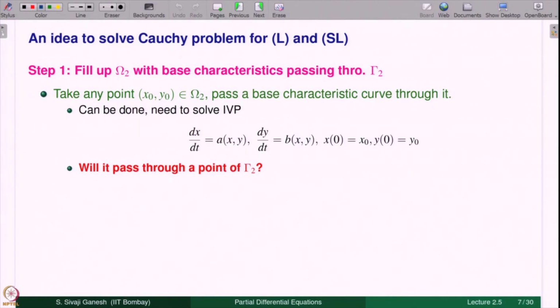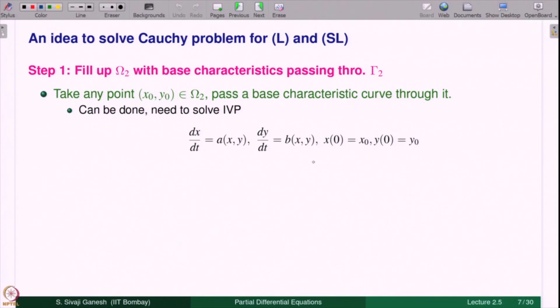Such solutions exist because we are assuming a, b are C1 functions. So, they are locally Lipschitz, this is an initial value problem and it has a unique solution defined on some interval containing 0. Therefore, there is a base characteristic through any given point (x0, y0).